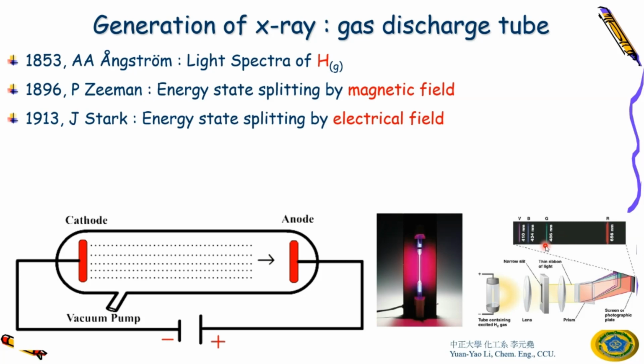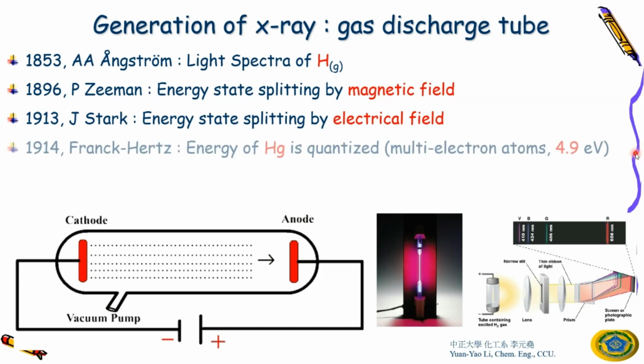And Stark found that if you use an electric field instead of a magnetic field, the energy can also split. I hope you still remember this. This is what we learned from quantum numbers, right?